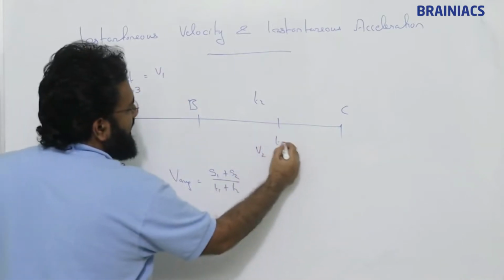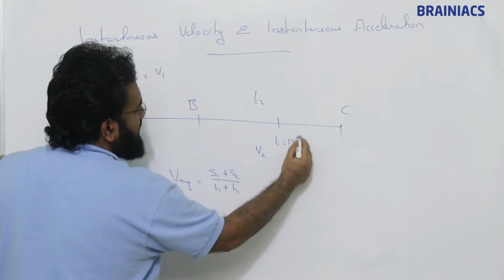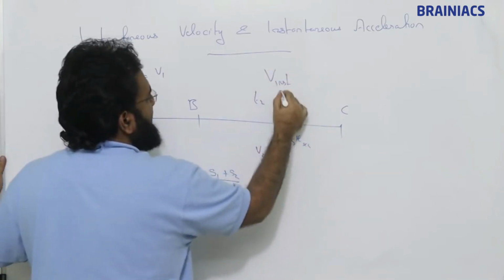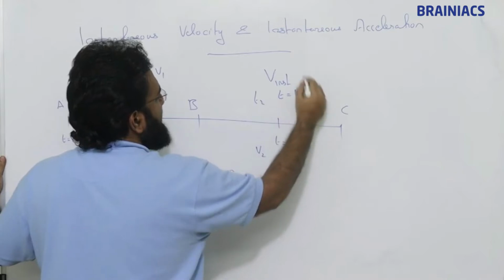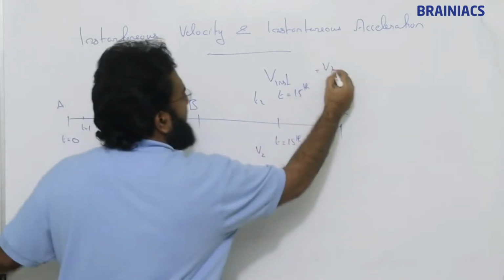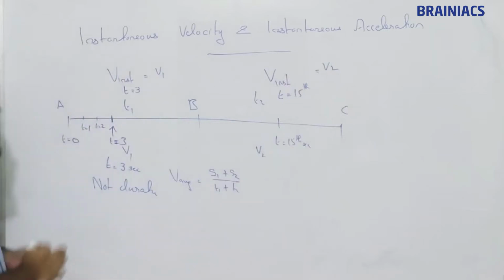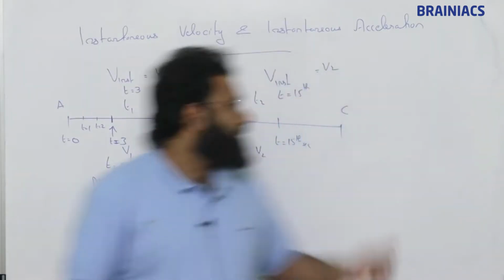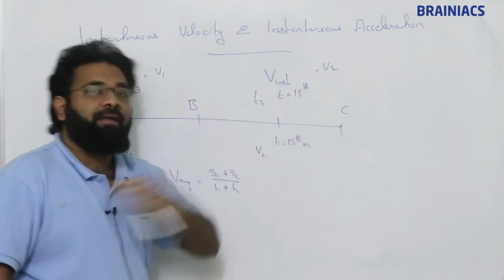Here, if t is equal to 15th second, what is v instantaneous at t is equal to 15th second? If here the velocity is given as v2, I can write v2. Only two velocities are given. So in these kinds of situations, I can write like this.